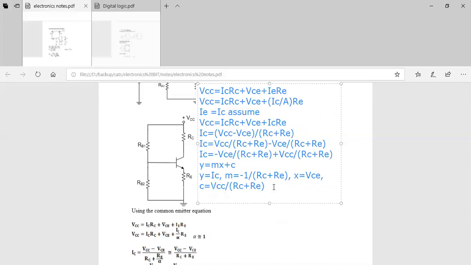So please note that the straight line equation given by this will have intercepts such that the IC intercept, as in the y-intercept, will be given by c. That's what you usually have.